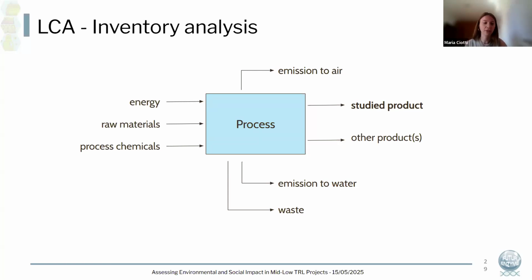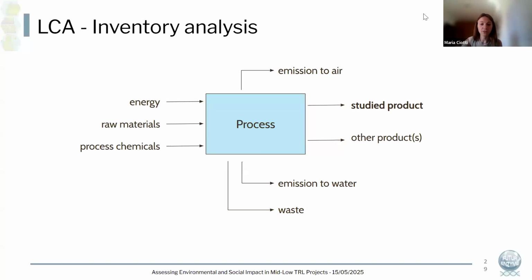That can be energy, raw material, process chemicals, and then we have to know all the output of our process. That can be emission to air, emission to water, waste, and of course our study product, and in case there are some byproduct. So this is what we need for each step of our process.